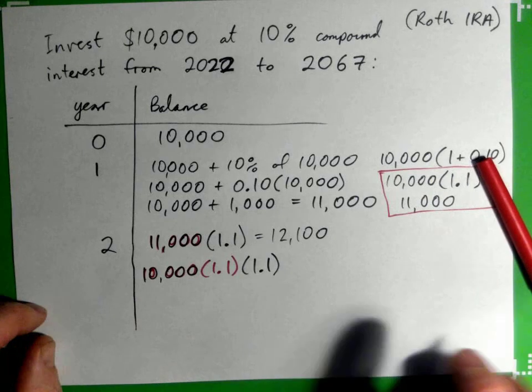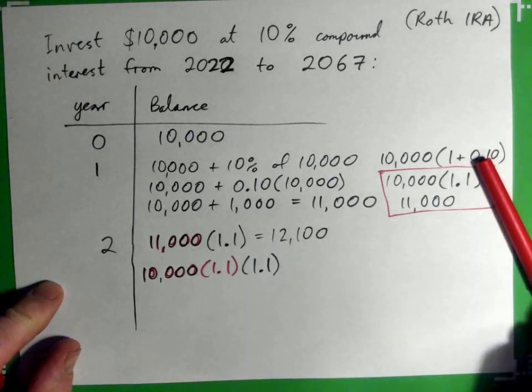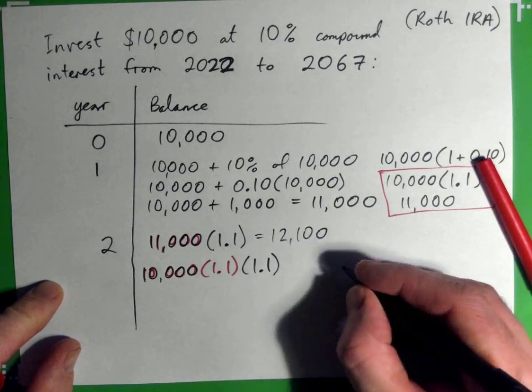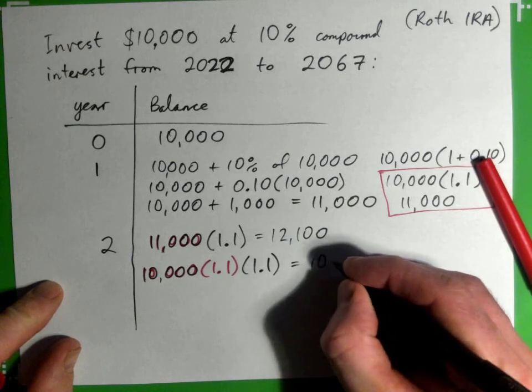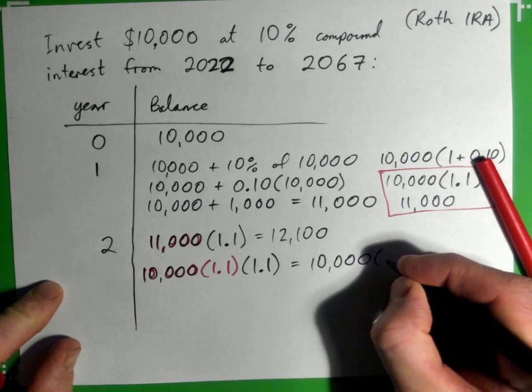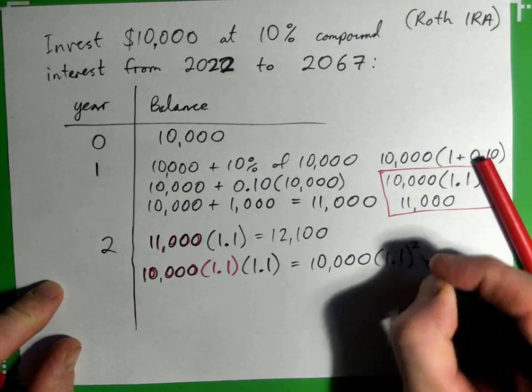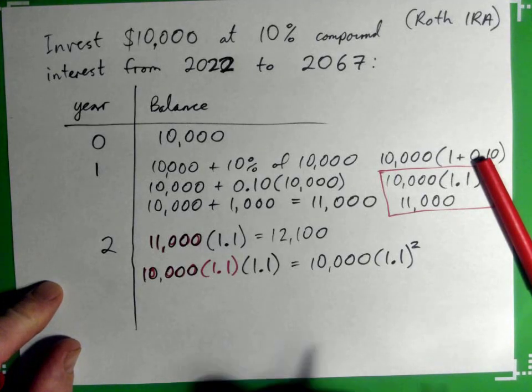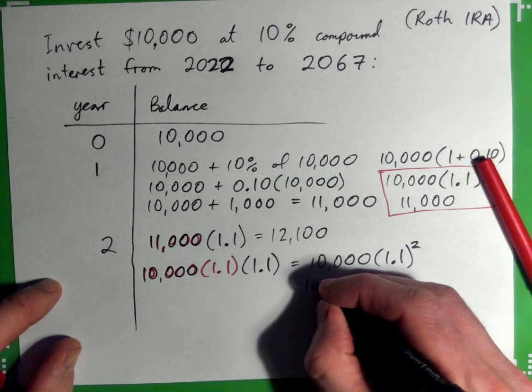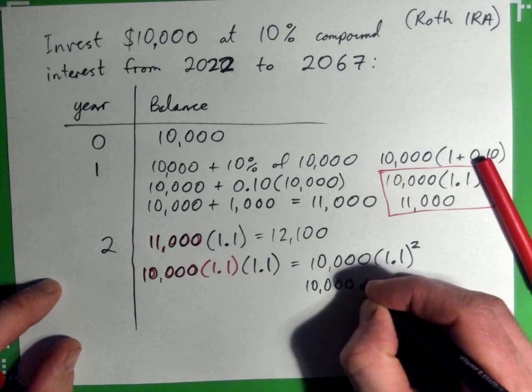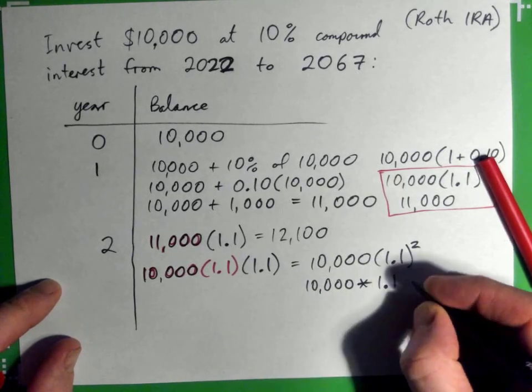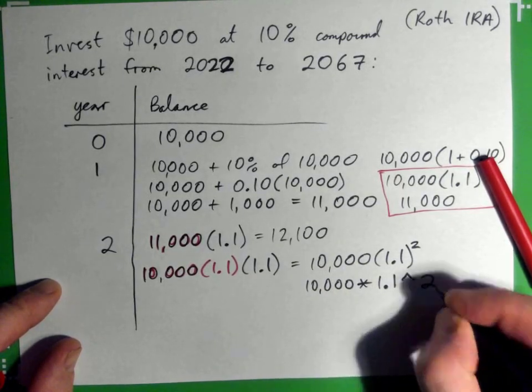Yeah, exactly. So 1.1 times 1.1 is just 1.1 squared. So we just go 10,000 times 1.1 squared, right? And in a calculator, that, by the way, is 10,000 star 1.1 to the power of 2.